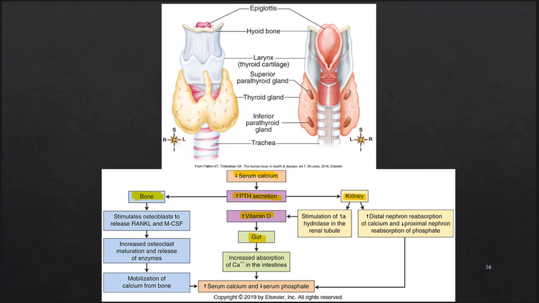Specific receptors on our kidney are required to be functioning in order to activate vitamin D. So when vitamin D is in our body, in order for it to be activated, the kidneys are involved.